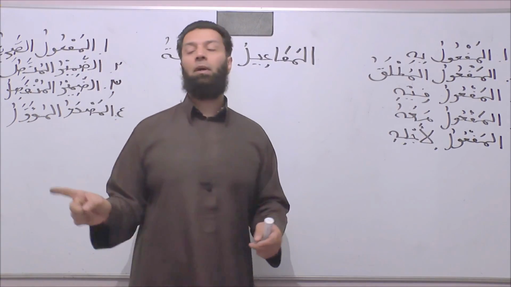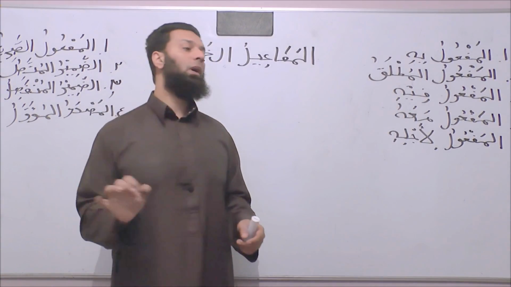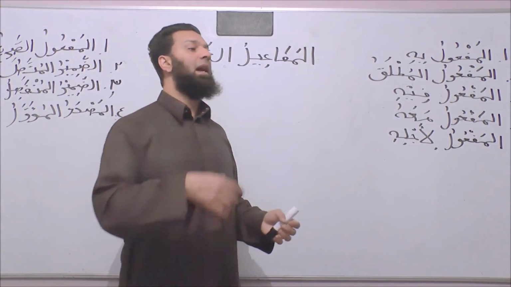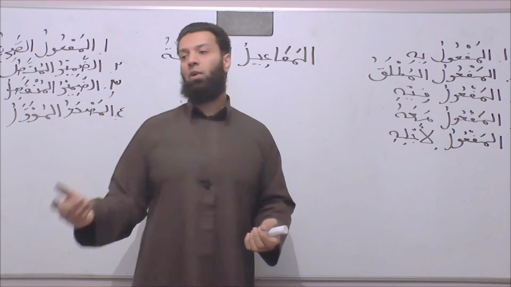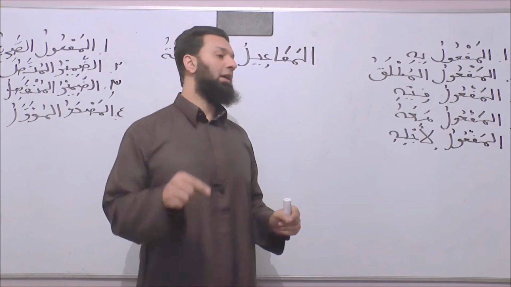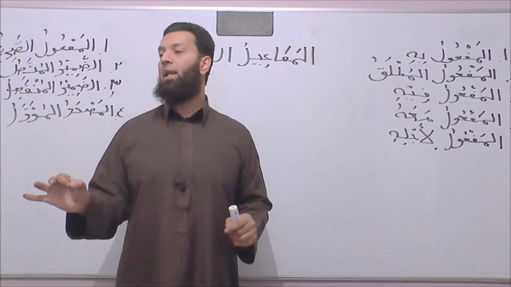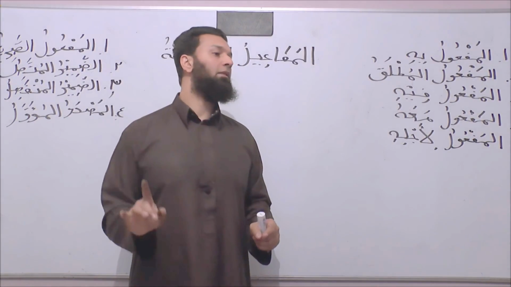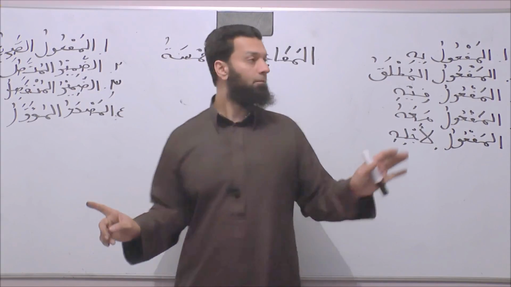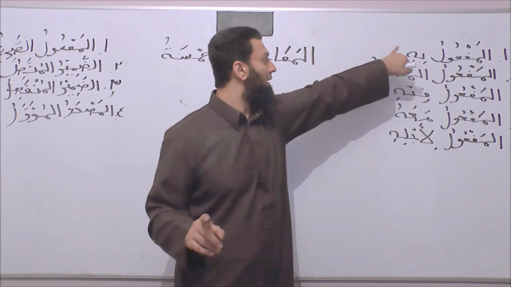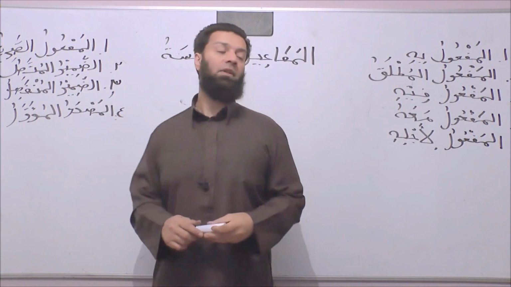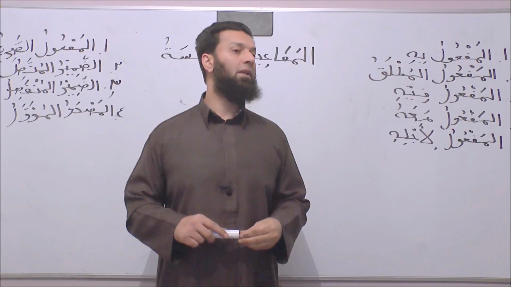The point to remember, of course, is that when you have al-jumlatul fi'liyah or al-jumlatul ismiyah as your maf'ulun bihi, you cannot then say that that is mansubun. Rather, you have to say في محل نصب مفعول به. So we hope that is clear. This is the first type of maf'ulun that we wanted to speak about, and these are the different types. We shall conclude on that point.